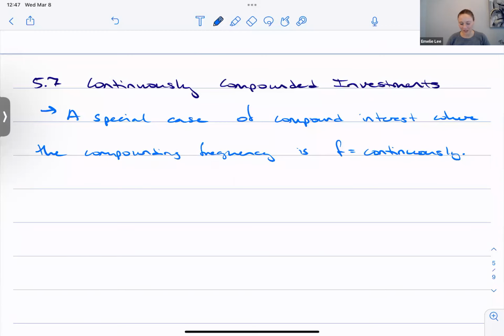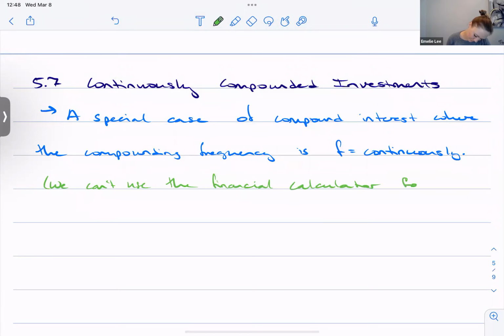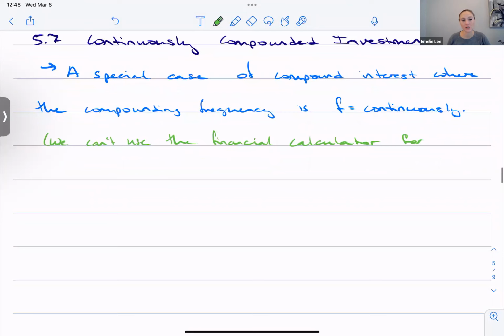We can't use our calculator. We can't use the financial calculator for continuously compounded questions.